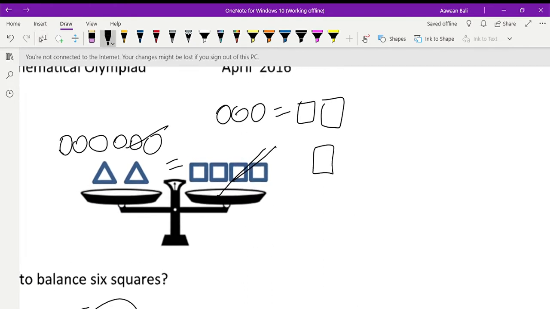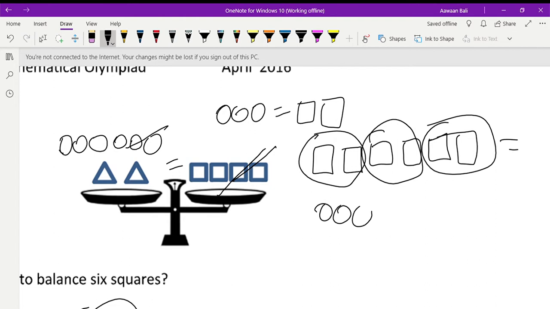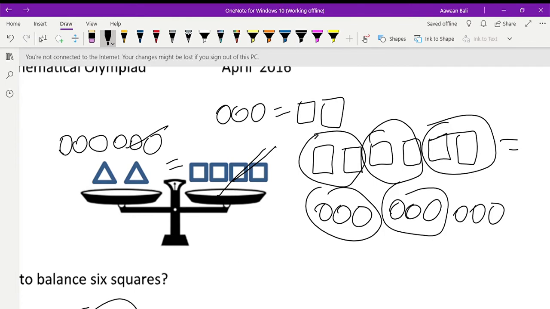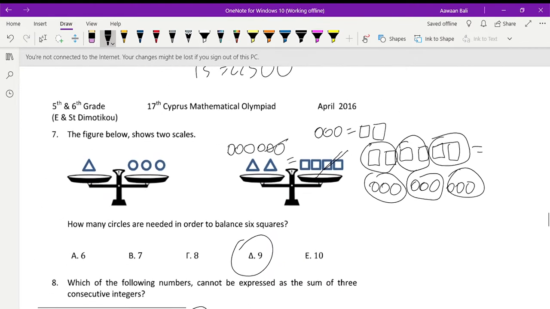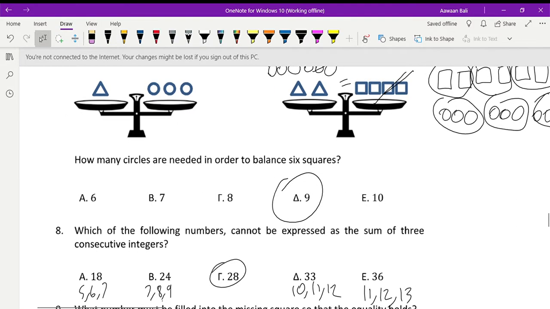So 2 squares times 3 is 6 squares. 3 groups of 2, and that's equal to 3 groups of the 3 circles, which is basically 3 times 3, 9 circles in total. So 9 circles are needed in order to balance 6 squares.